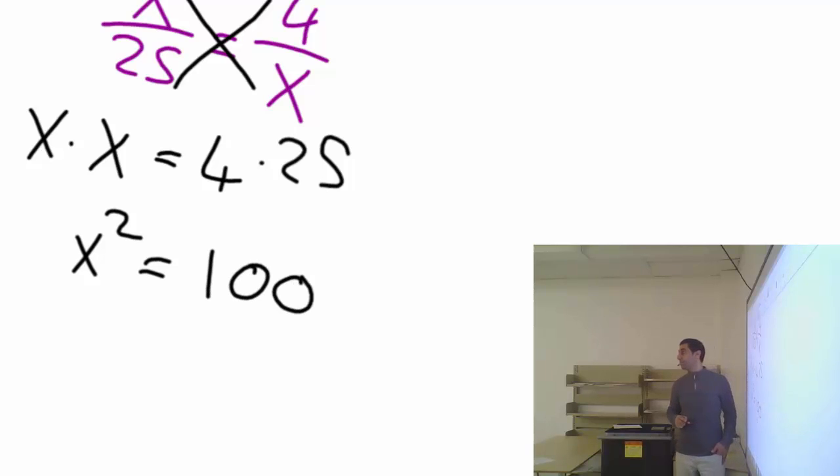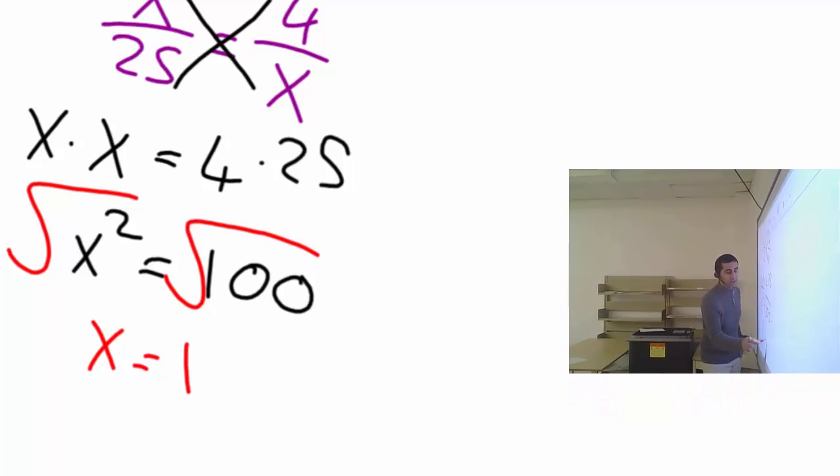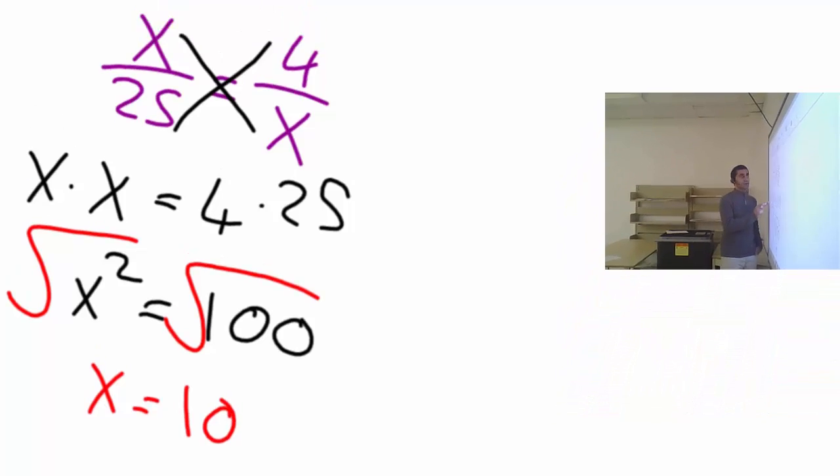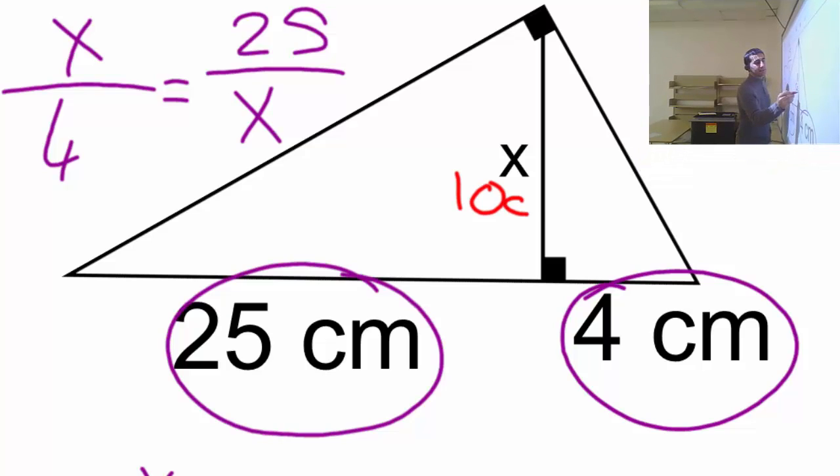And you right now know that we will never be interested in x squared. We are always interested in just x only. So take the square root, you'll find out x is 10. So x is 10 centimeter.